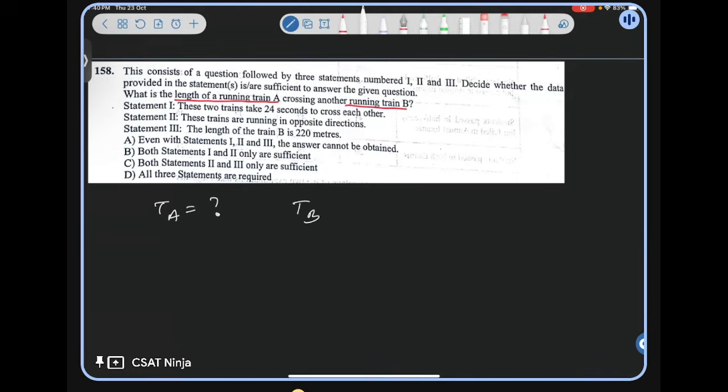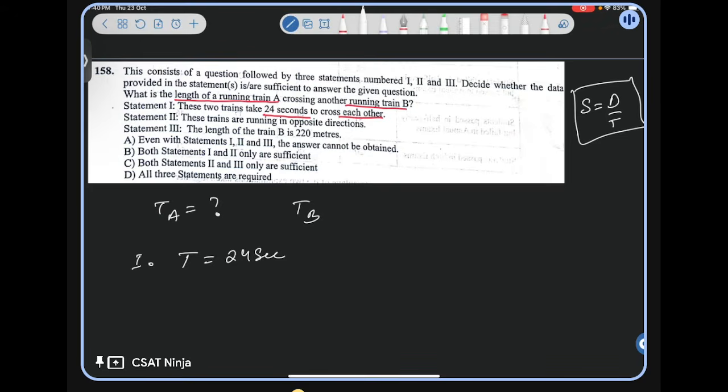Statement number 1, what does it say? Statement number 1 says the 2 trains take 24 seconds to cross each other. So time is given as 24 seconds. I don't know whether you've memorized the formula or not, but if there are 2 trains, what do we do? Train problems are based on the speed, time, and distance formula.